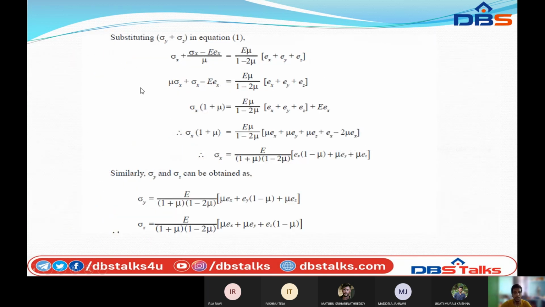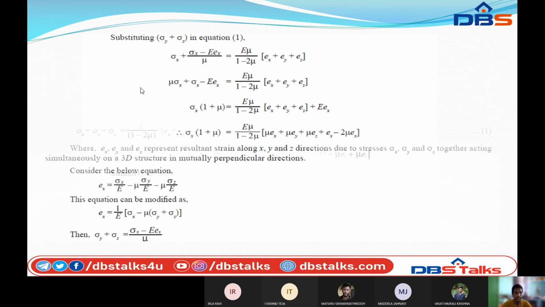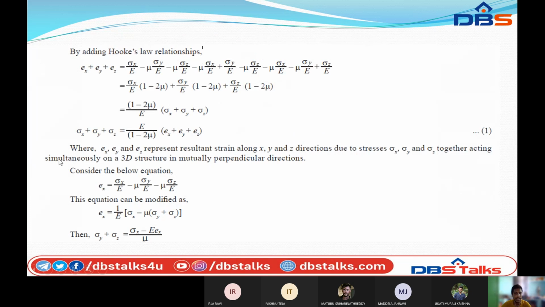And then substituting the sigma y plus sigma z value, that is sigma x minus E Ex by mu, in equation 1. Instead of sigma y plus sigma z, I'm substituting the value of sigma x minus E Ex by mu in equation 1 in this place.